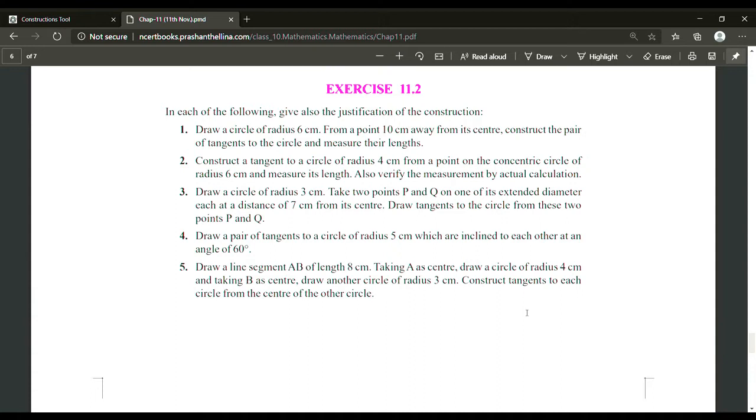So P distance from O will be 7, and the distance of point Q from the center O will also be 7 centimeters on the same straight line. That's very important. Both points P and Q will be on the same straight line passing through the center, the diameter. And as such, the distance between the points P and Q will be 14 centimeters.